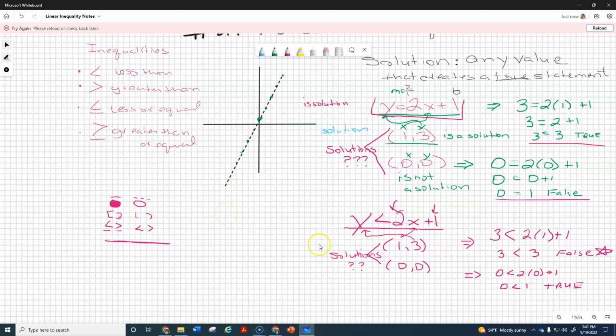So then we found that the point (0, 0) was true. So this is kind of a cool thing. When we find out that the point (0, 0), which is this point right here, caused my equation to be true, that tells us that any other point on the same side of that line, so that means all of these points over here, is going to make my equation true.